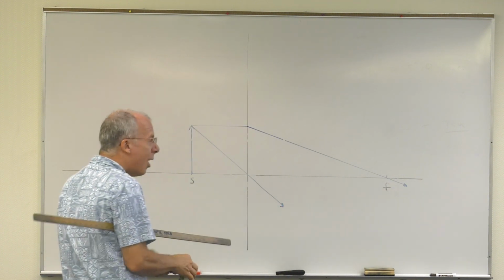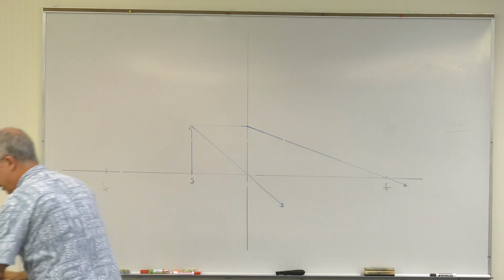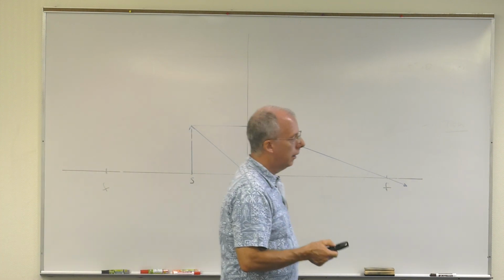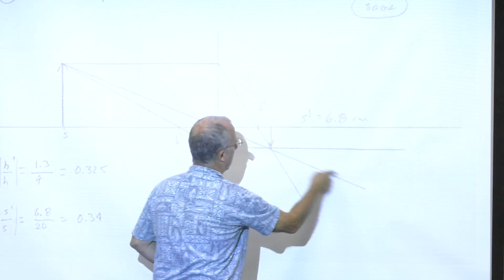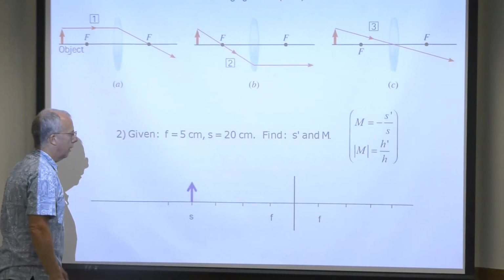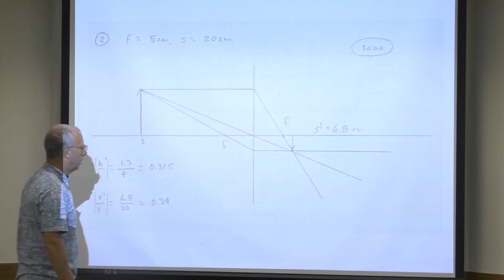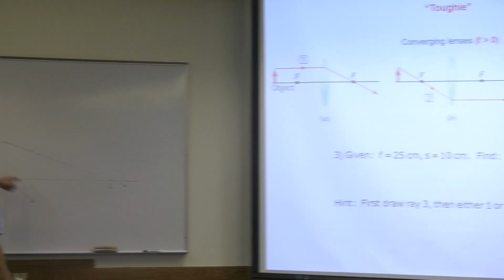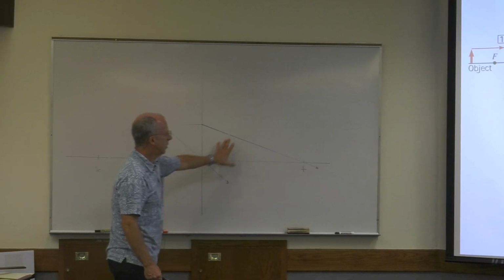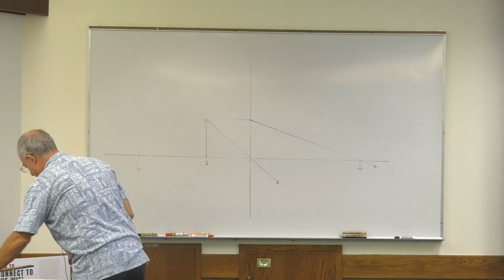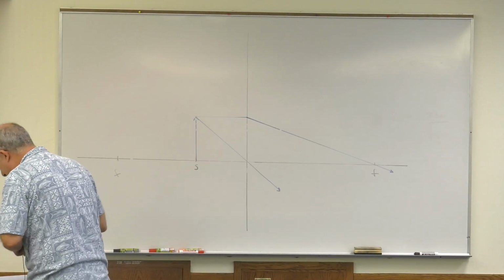Now, what do you notice? For the previous ones, these were the outgoing, and they intersected right here. That's where the image was, right? But now, here's the outgoing, here's outgoing. It doesn't intersect anywhere here, right? Well, that's kind of a bummer. So what are you going to do?